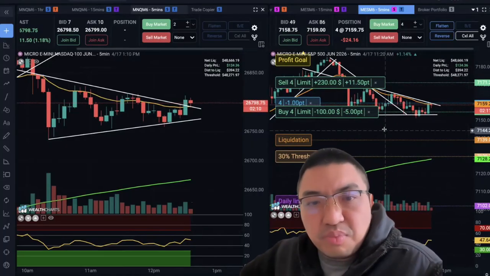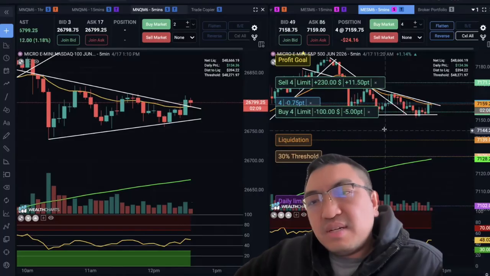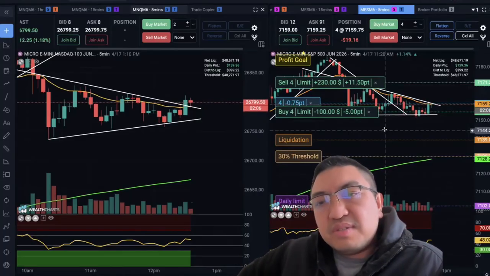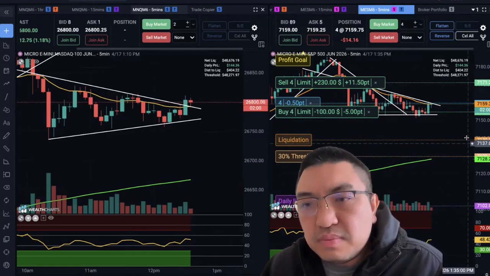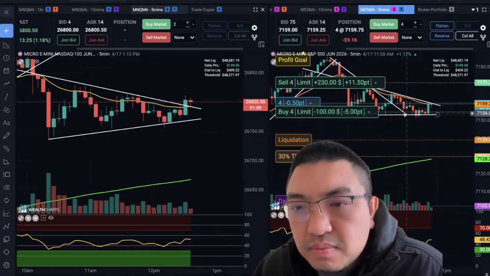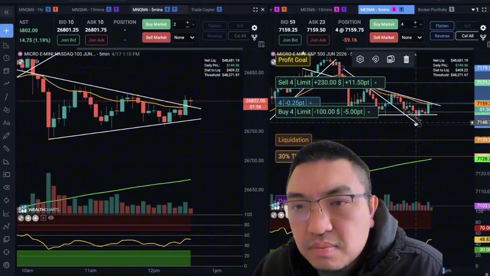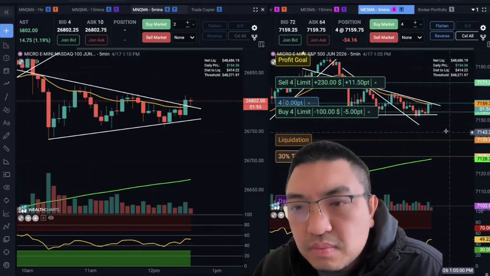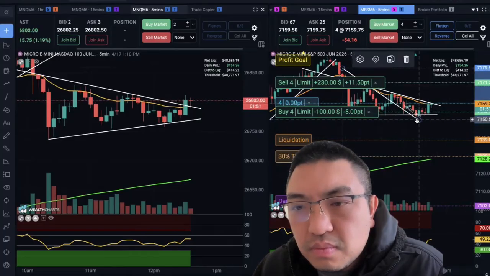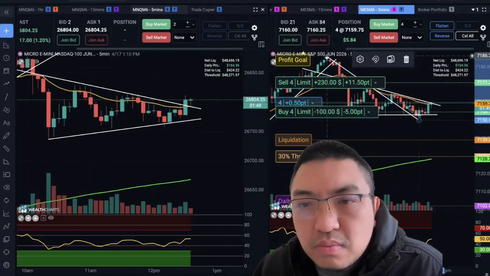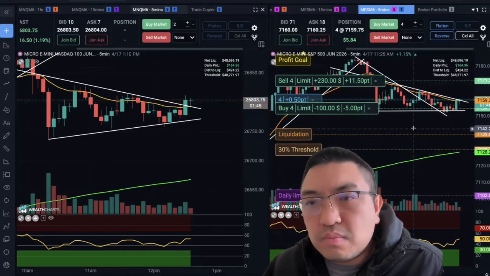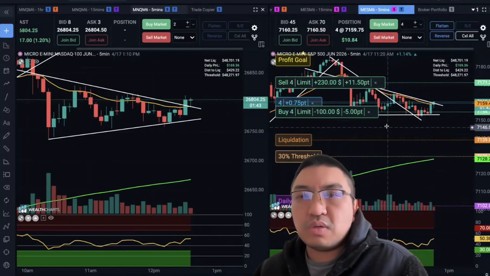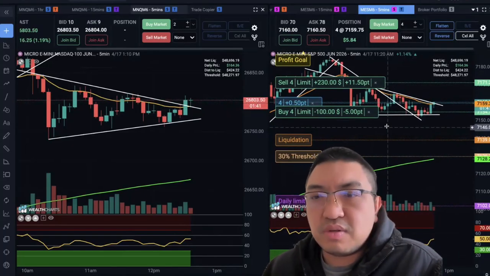Come on, NQ has already broken out. I think ES is gonna follow. No. Okay. It's resuming uptrend.